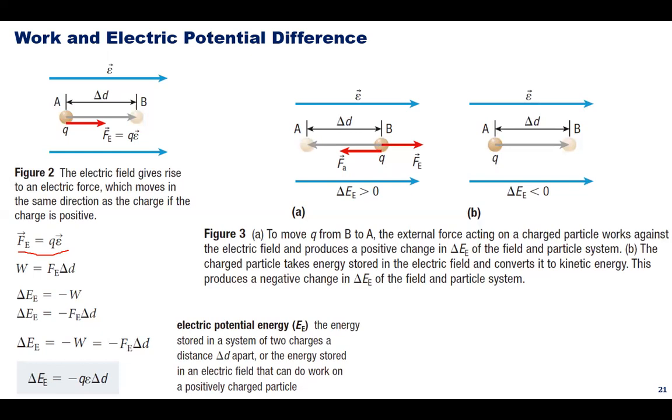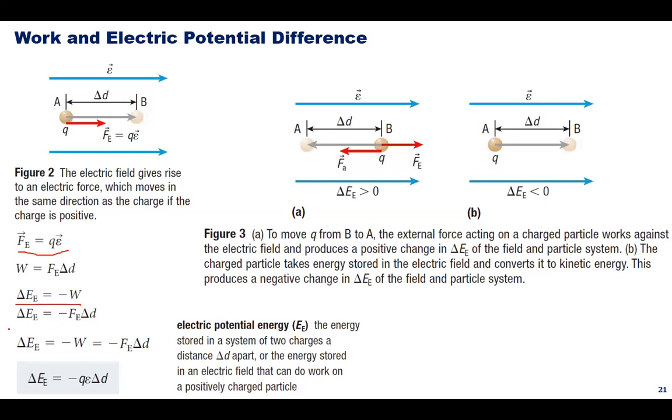A more detailed explanation of the meaning of the negative sign will be discussed in the later part of this lesson. So if the electric force does an amount of work W on a charged particle, the change in the electric potential energy can be expressed as delta E is negative W, right?